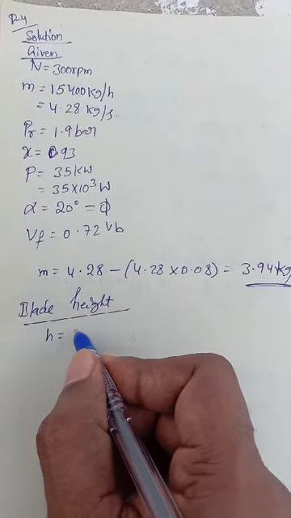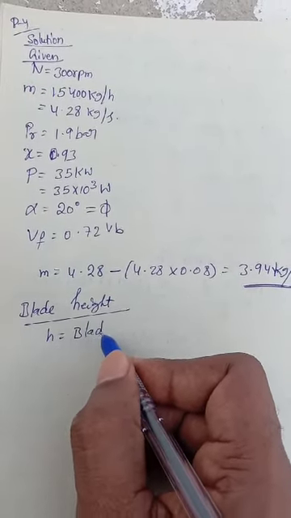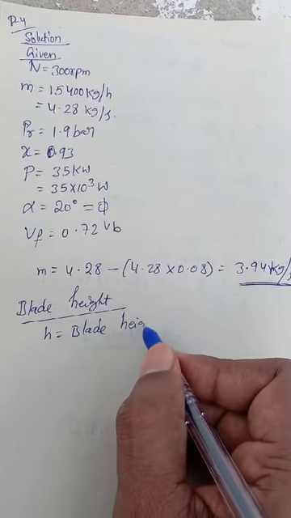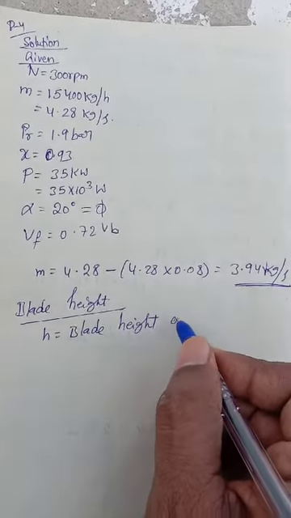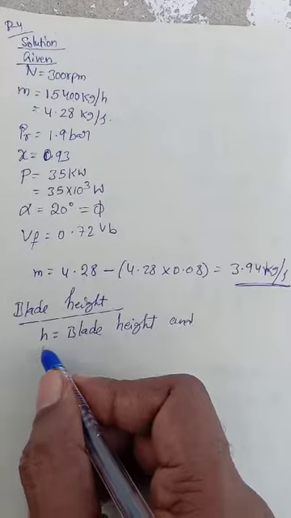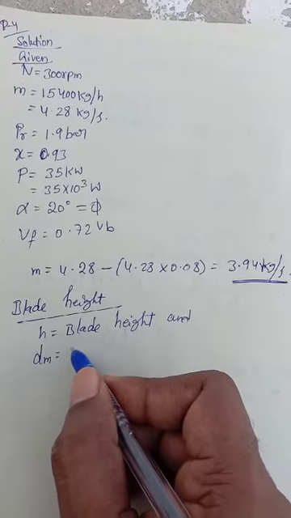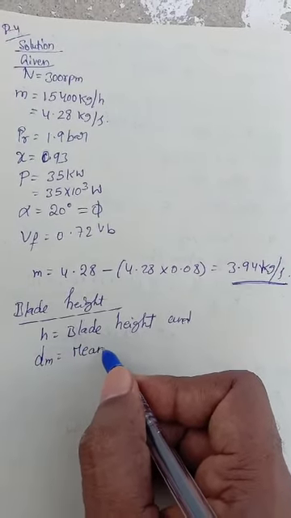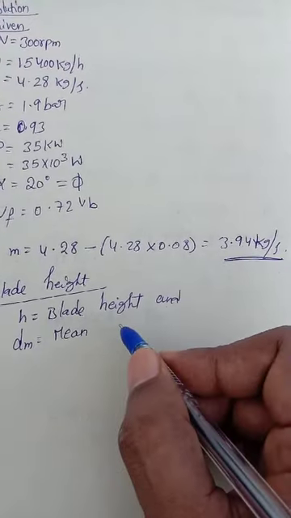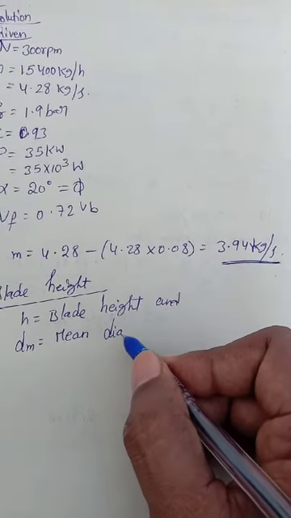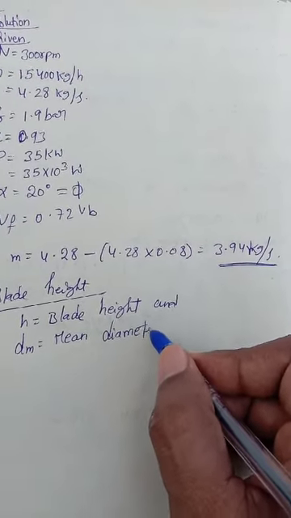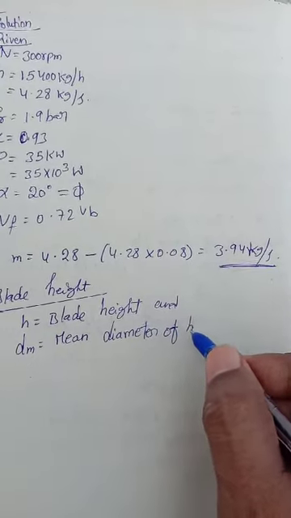So h is blade height, and dm is the mean diameter of blades.